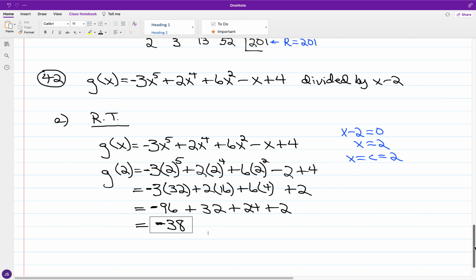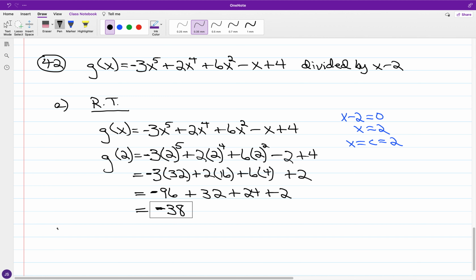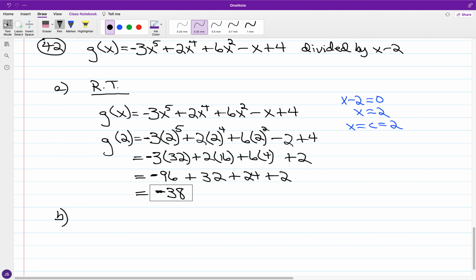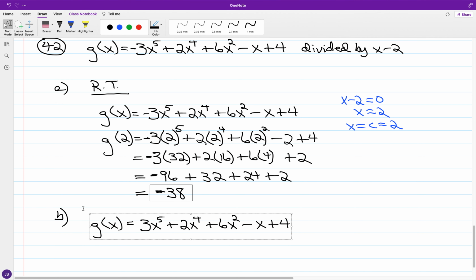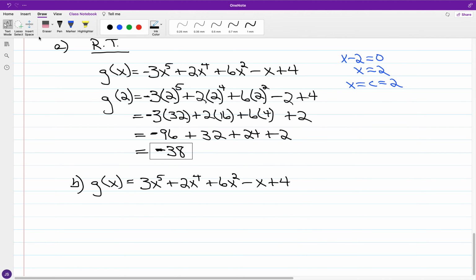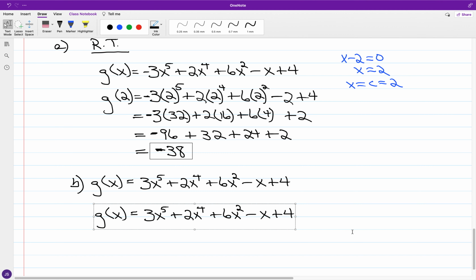Now for what we have in part B, what I'll do here is bypass the long division setup. You have this given polynomial g of x, and to be able to set this up in terms of synthetic division, we want to place emphasis on making sure that all the degrees down to the constant are covered.